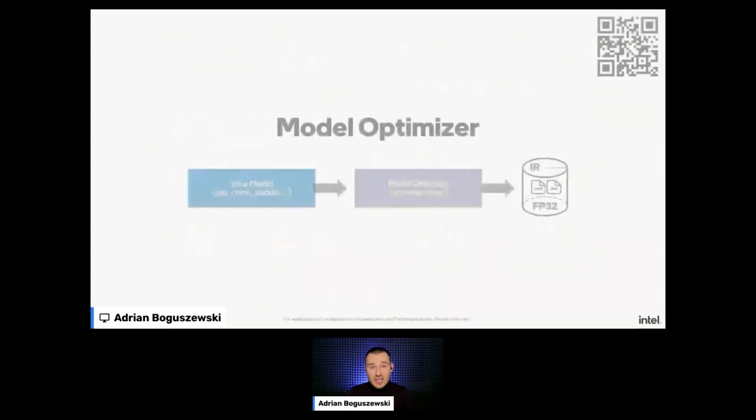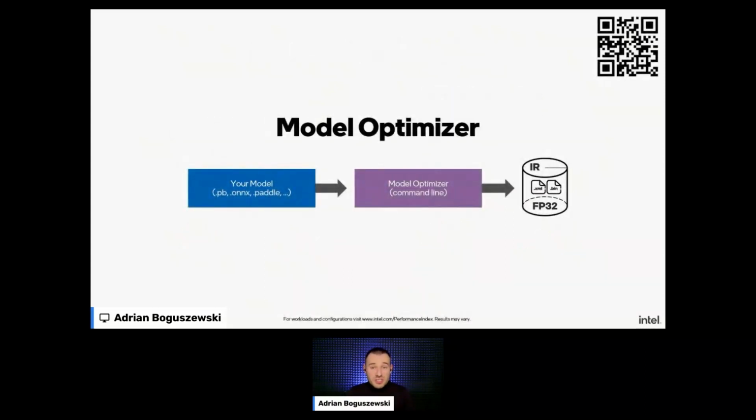And the next step is optimization. Model Optimizer converts your model from original framework like PyTorch, TensorFlow, Keras, ONNX into intermediate representation, which consists of two files: XML with architecture and binary file with weights and biases.